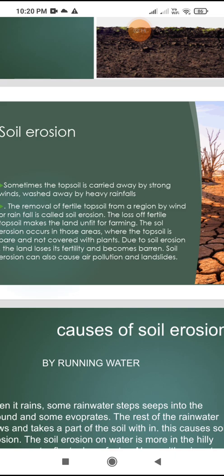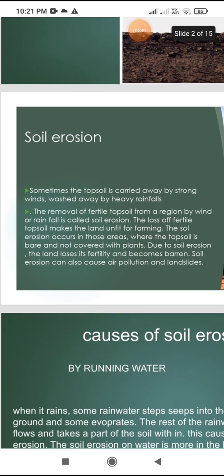Whenever this topsoil runs away or moves away because of the water, the rain or the wind, when strong wind blows, this topsoil runs away. When heavy rain falls due to the flood, the rainwater also washes this topsoil down. This is known as soil erosion.